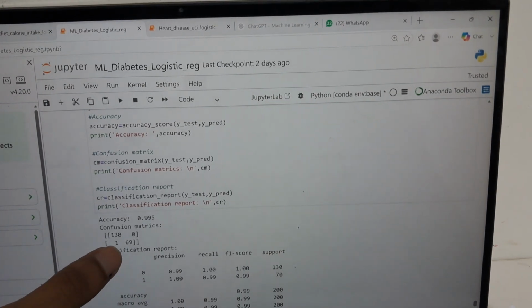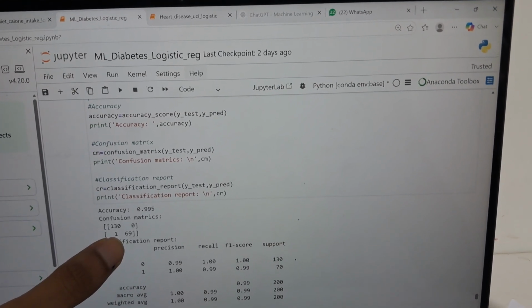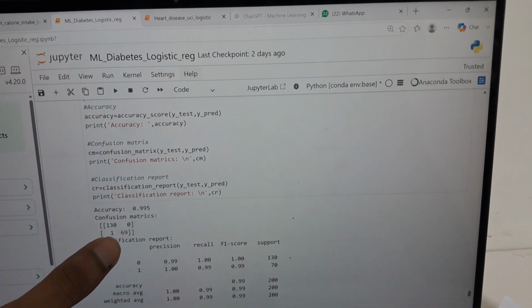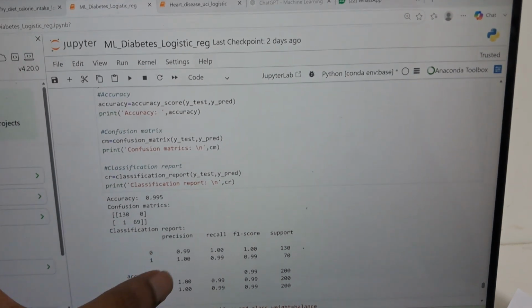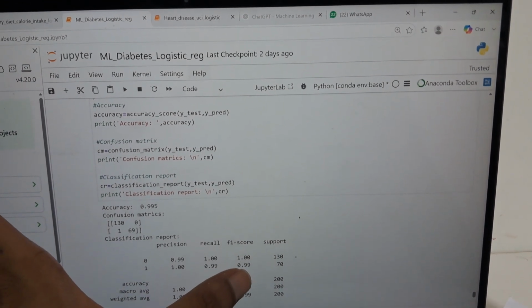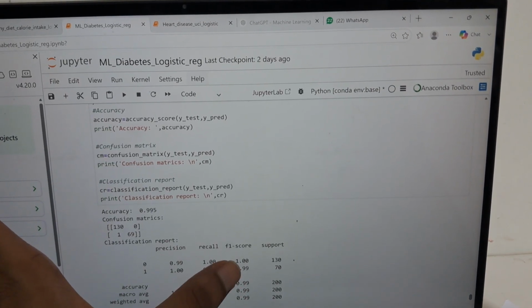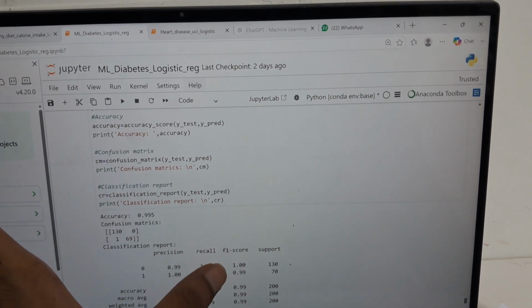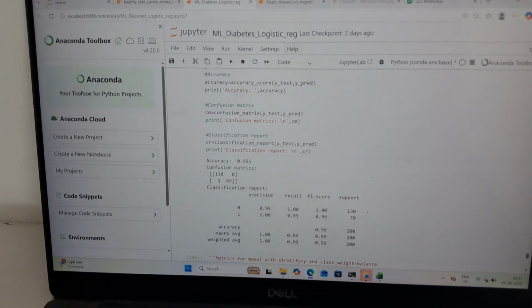So you can see, one patient it has predicted wrongly: though he is diabetic it said it is non-diabetic. So one patient it couldn't predict properly, so only 99%, so it's good. F1 score for both class 0 and class 1 is good. So your model is perfect.